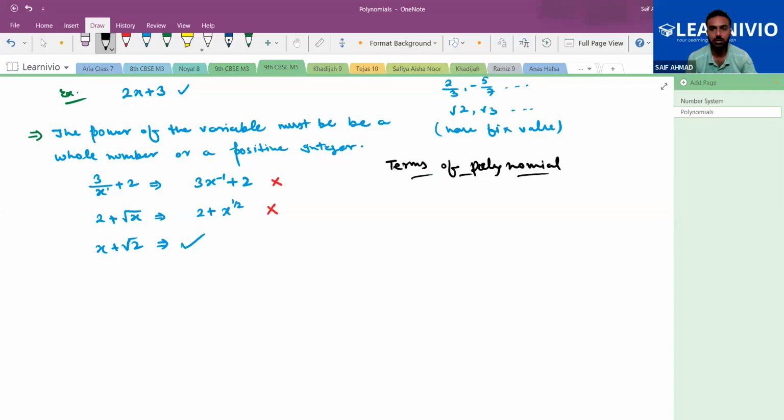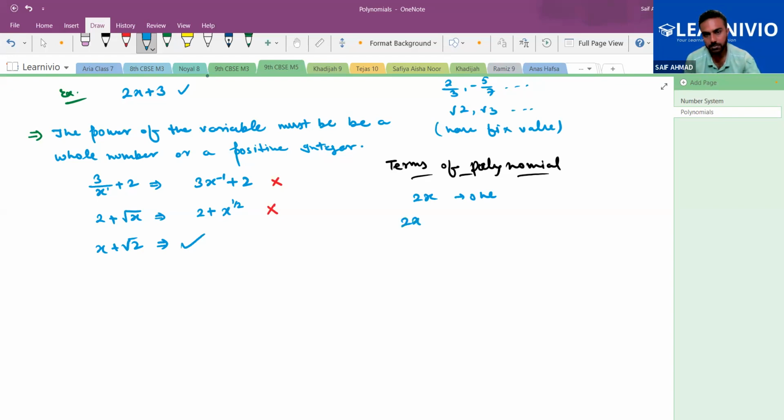What are the terms of a polynomial? If I'm writing only 2x, how many terms are considered? One. Yes, this is one term. Terms are separated by a plus or minus sign.